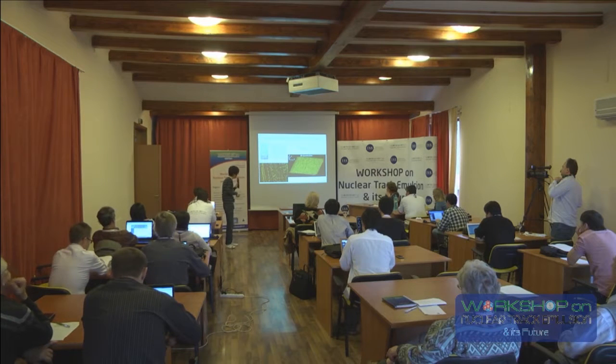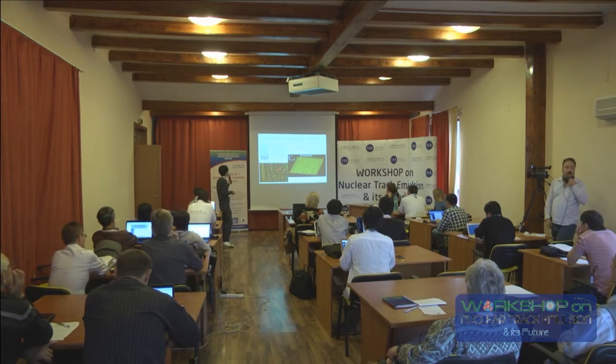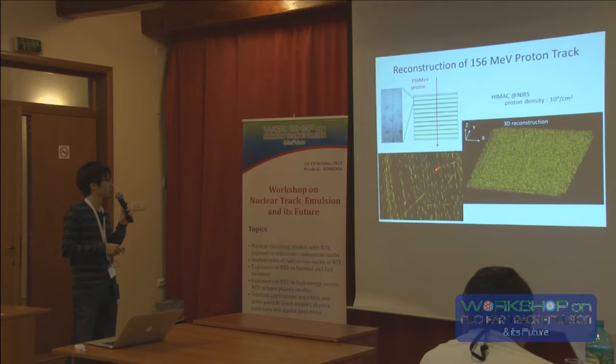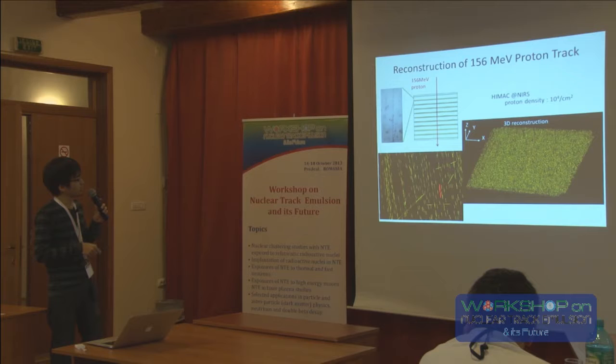This is a close-up view, and this yellow line shows the tracks found in one emulsion layer. This is one plate, and this is another plate. This track is reconstructed passing through several plates, and you can see the straight proton tracks are reconstructed in our system.